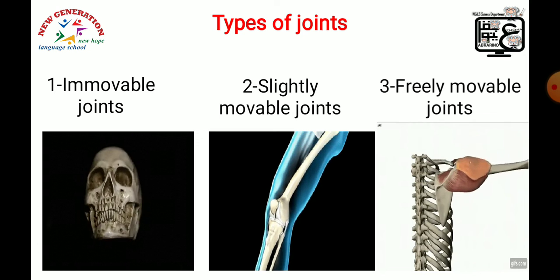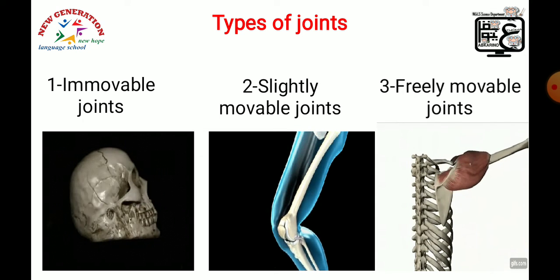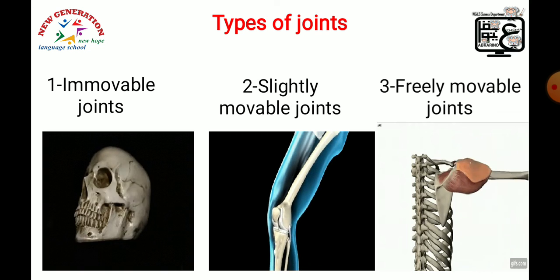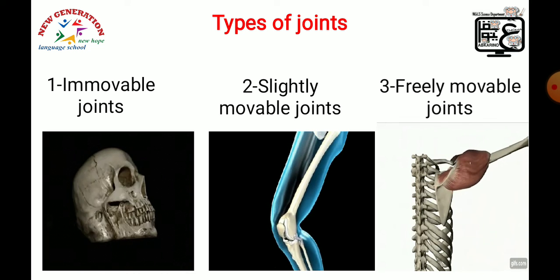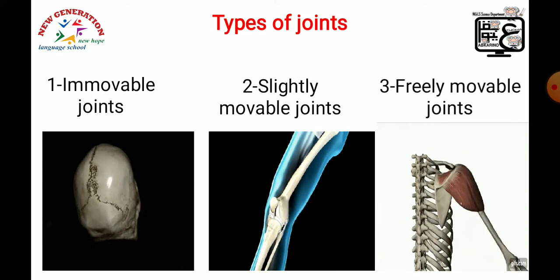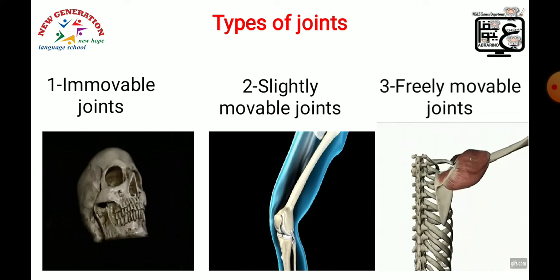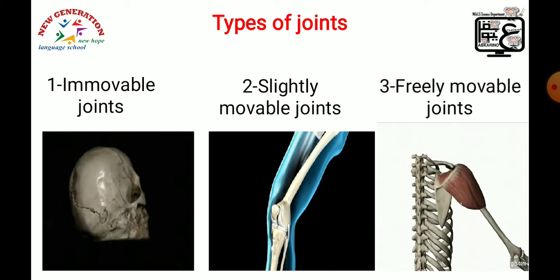Amazing. So we have here 3 types of joints. Number 1, immovable joints. Number 2, slightly movable joints. And finally, freely movable joints. First, immovable joints do not allow any movement, for example, the joints between the bones of the skull.